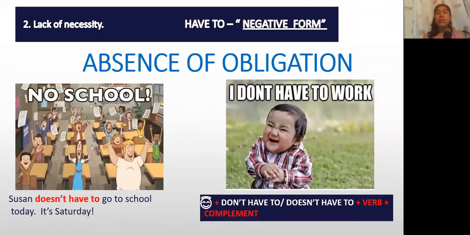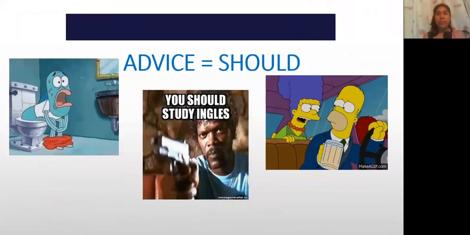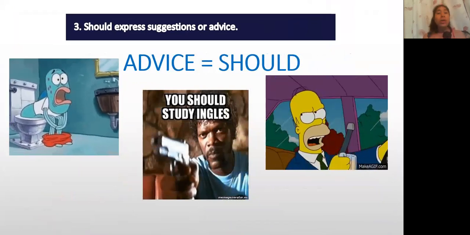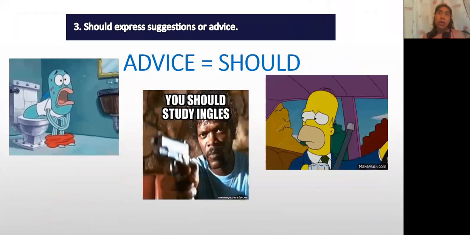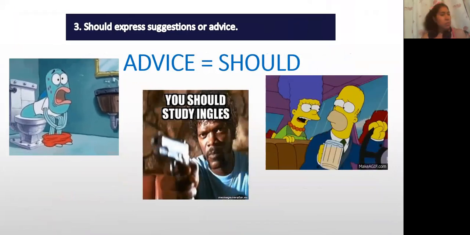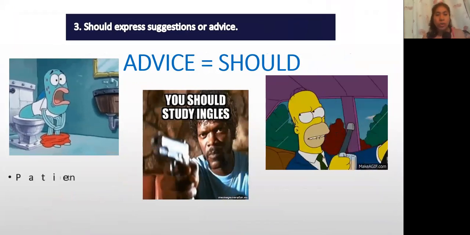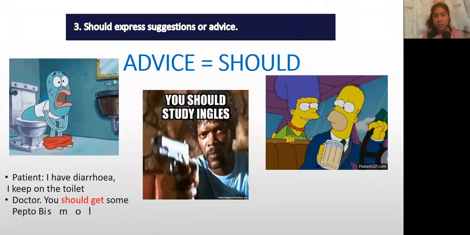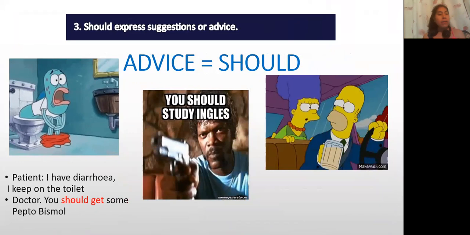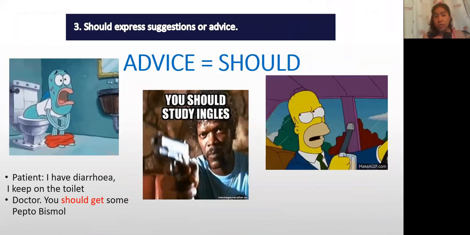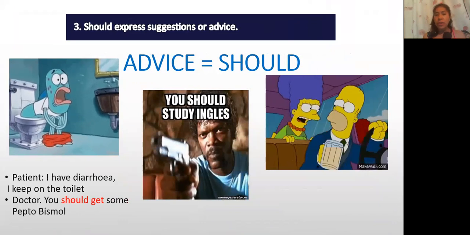Well, we are going to move on to the third. When we express an advice or a suggestion, when you think something is good for somebody else, you say, I think you should, for example, the doctor. If I have diarrhea, the doctor says, you should get some Pepto-Bismol.